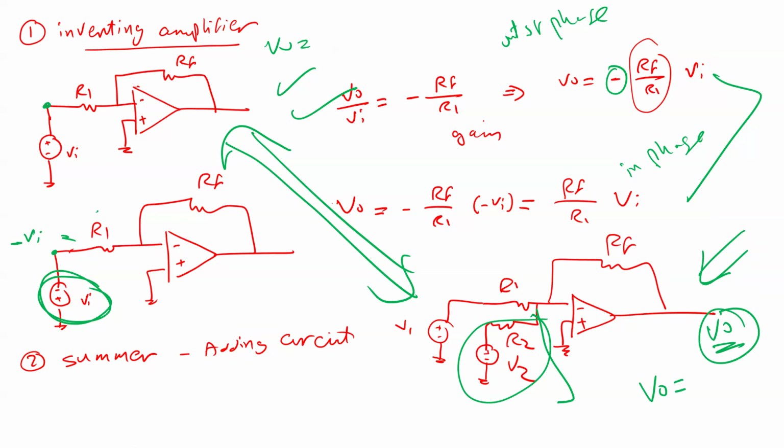So let's do the math here. Let's get the final formula. I'm gonna use the same approach I used before. Here negative, here we have positive. Here ground.